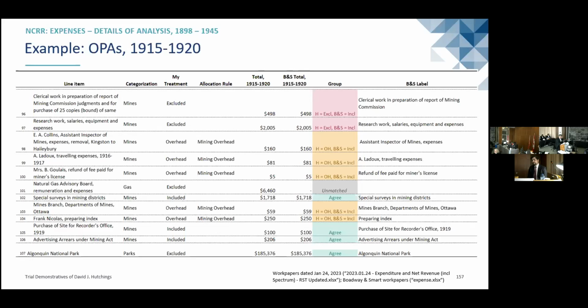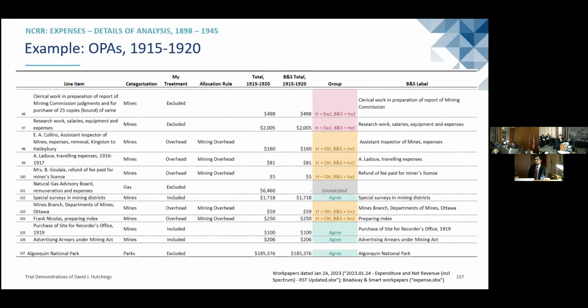Here we have the Mines Branch, Department of Mines, unclear what they're doing, but because the Mines Branch can include gas work, I treat it as overhead, and that's why we have the yellow coloring on the right-hand side.